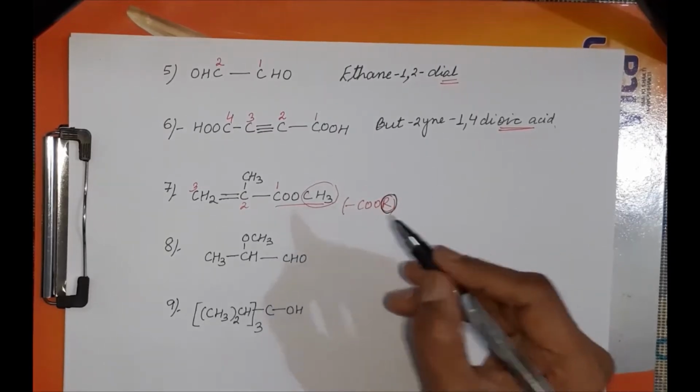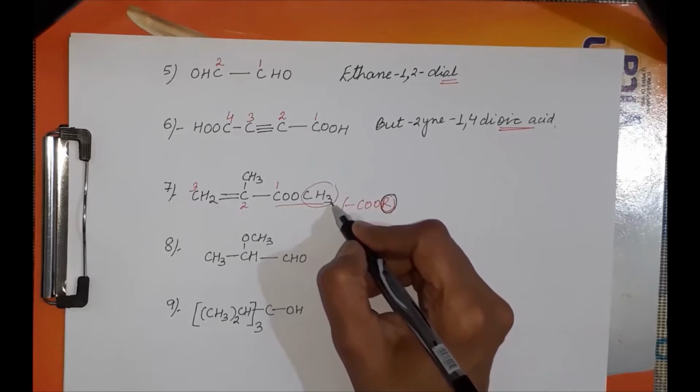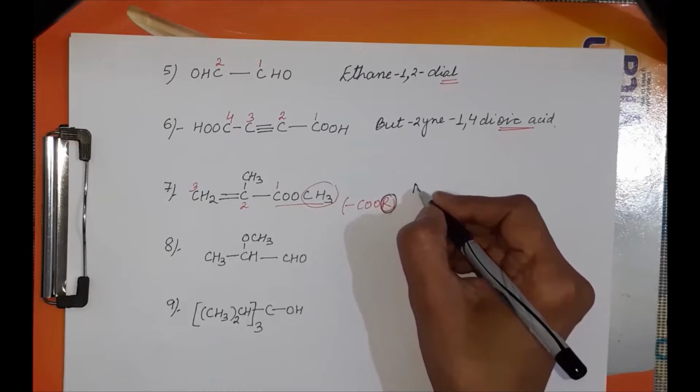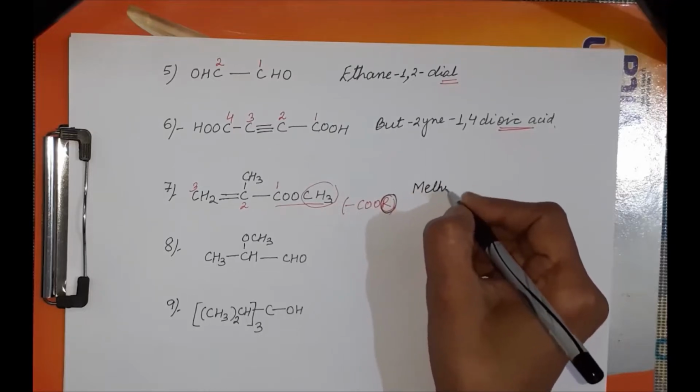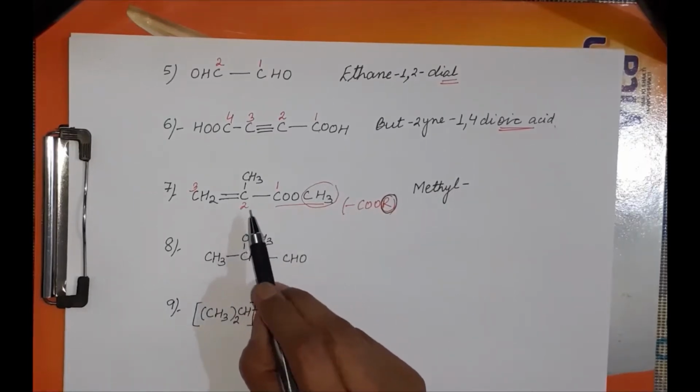Here the R group is CH3, methyl. So we start the name by writing methyl, and then the prefix.